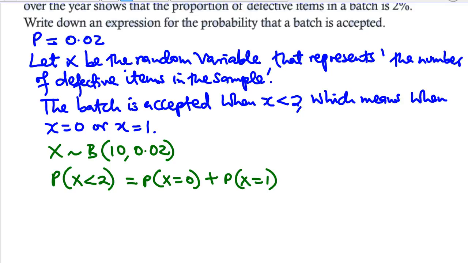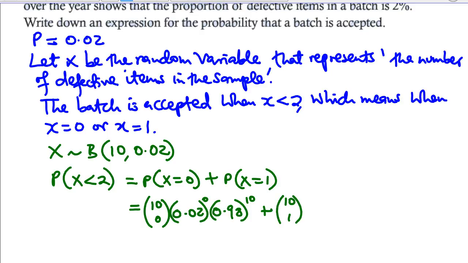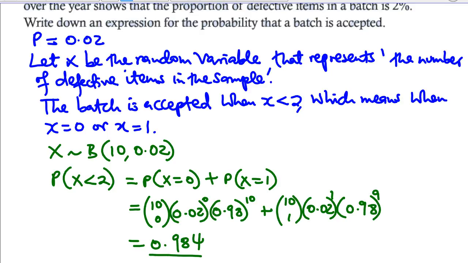So that will be 10 choose 0, 0.02 to the power of 0, multiplied by 0.98 to the power of 10, plus 10 choose 1, 0.02 to the power of 1, multiplied by 0.98 to the power of 9. If you plug this in your calculator, you'll end up with 0.984. And that's it.